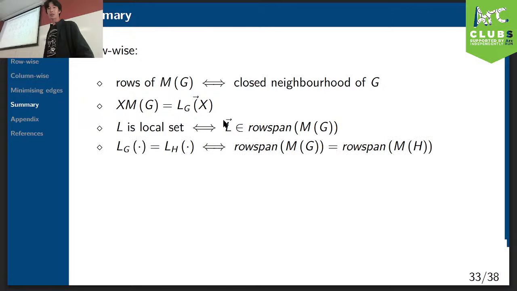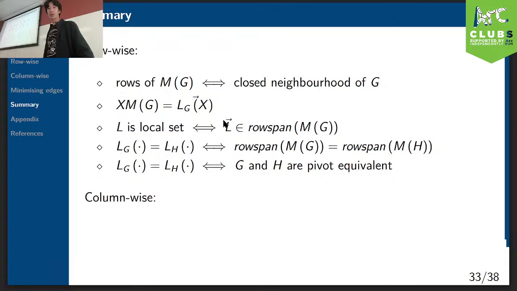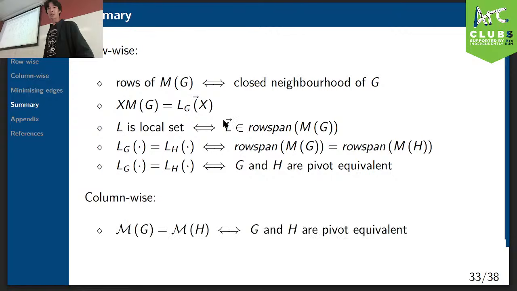But very surprisingly, the local sets are equal exactly when the graphs are pivot equivalent. And this gives us a nice way to look at pivot equivalence. And then looking at the columns, we define the matroid as the independent columns with some restrictions, and show that this is also another way to determine pivot equivalence of graphs.